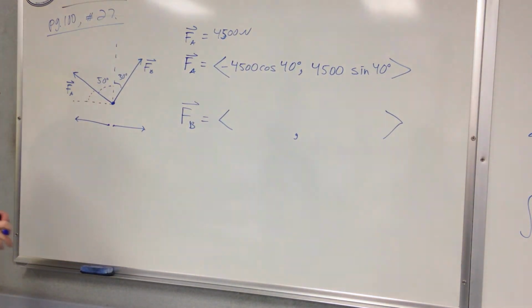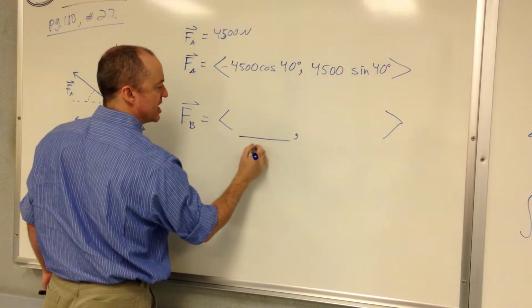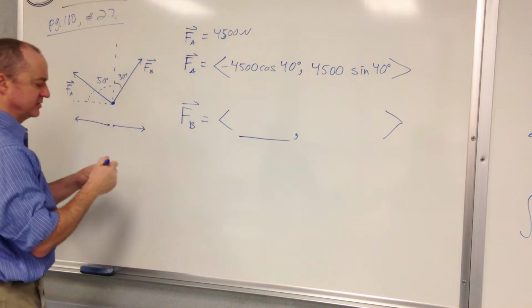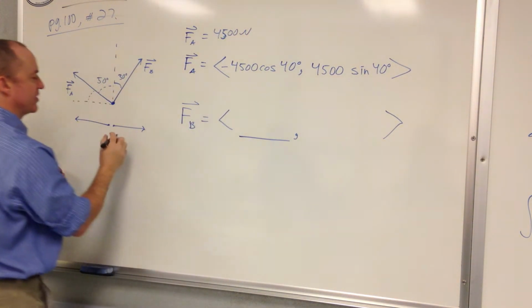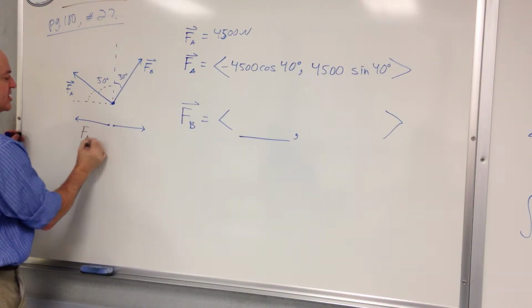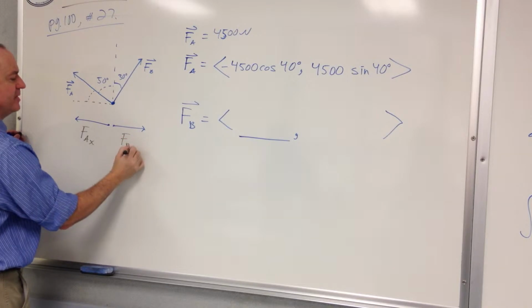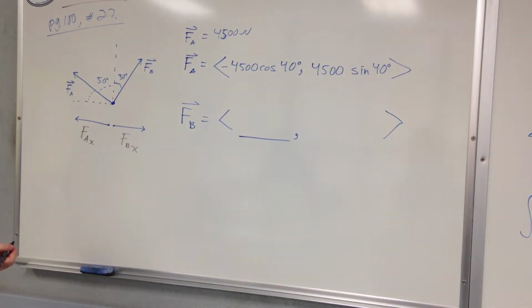What do I know about this? The horizontal component. But didn't you say that force of A and force B have to be equal for it to be moving up? Bingo. Here's force sub A in the horizontal direction, here's force sub B in the horizontal direction. They have to be equal and opposite.